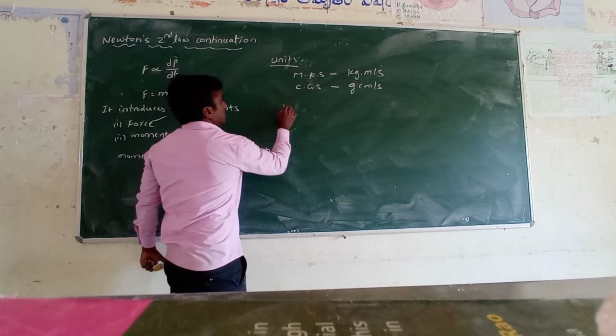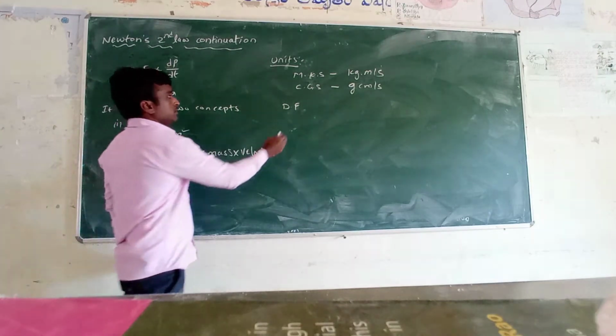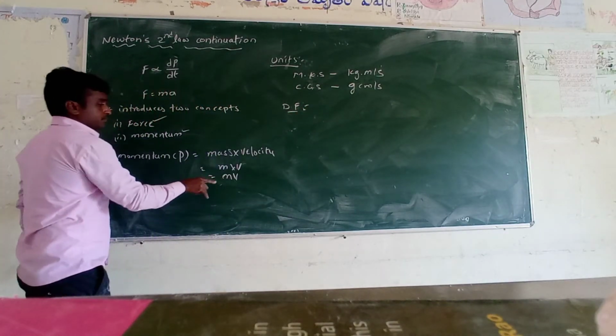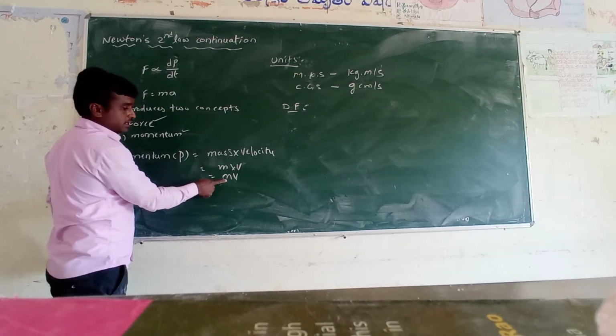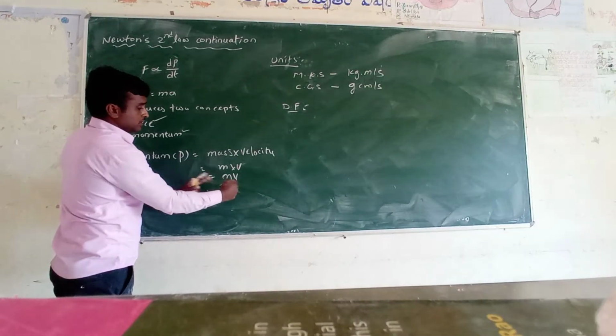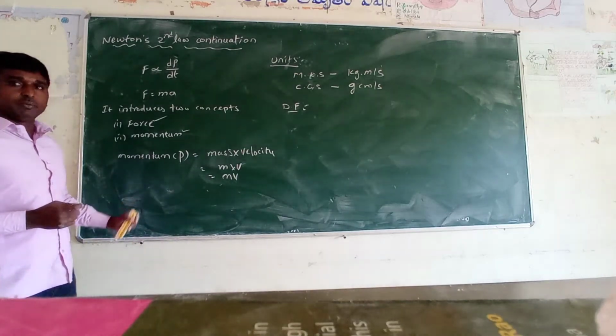What is the dimensional formula? DF means dimensional formula. First of all, we have to see the dimensional formula of mass. Next, the dimensional formula of velocity. If we combine these two, we get the dimensional formula of momentum.